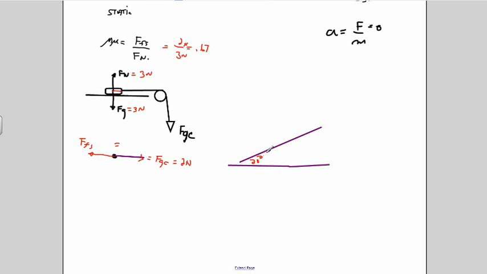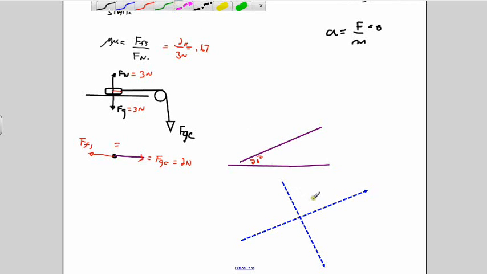I then said, okay, I'm going to redraw that as a coordinate system. Okay, and I know it's different colors, but I said here was our coordinate system, the x and the y. And I said in the center of that coordinate system, I was going to make my free body diagram in red right here.